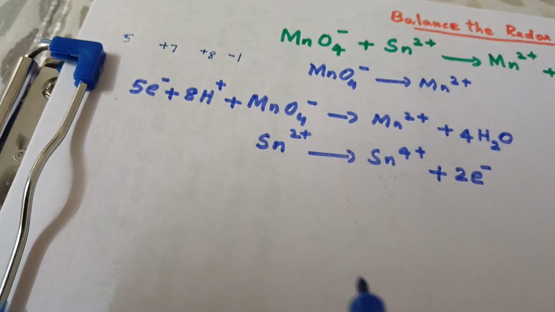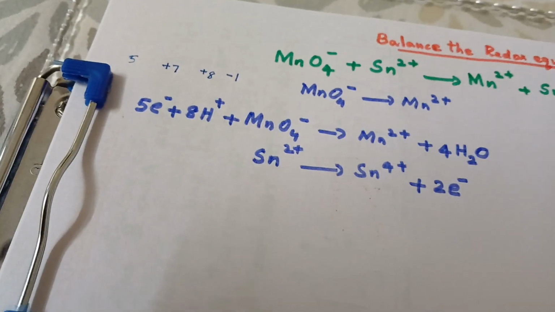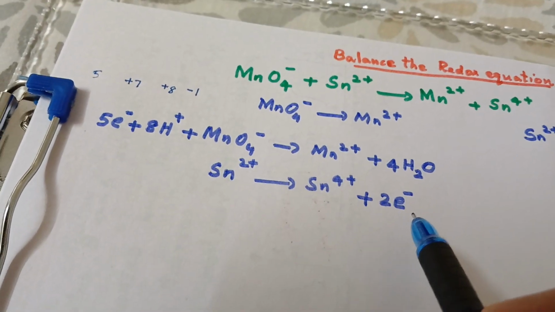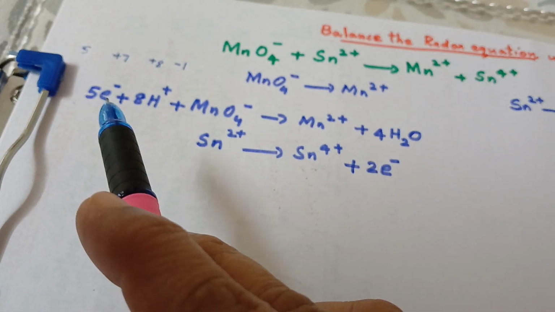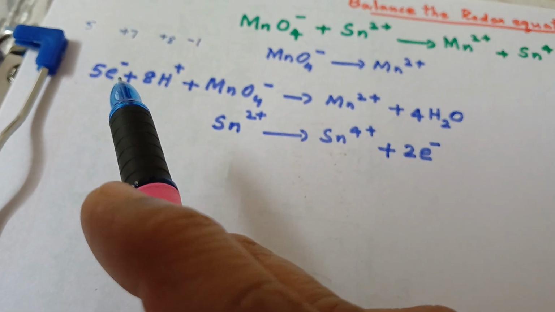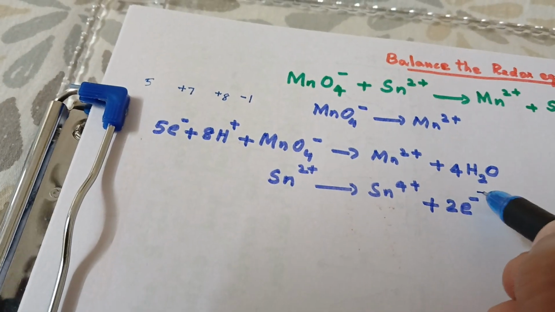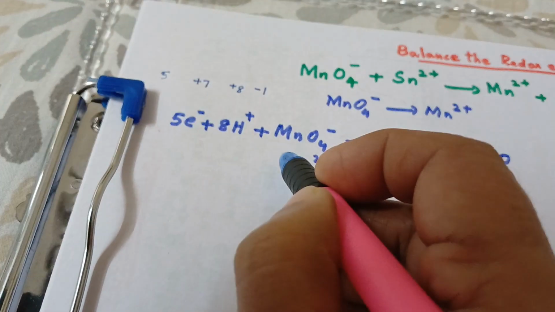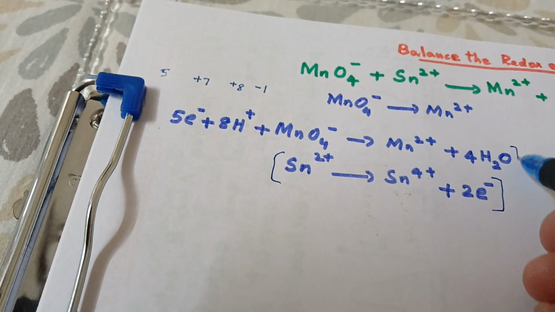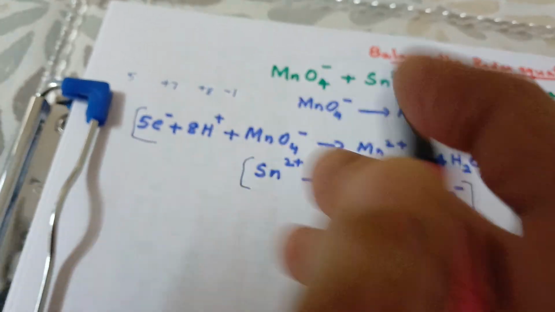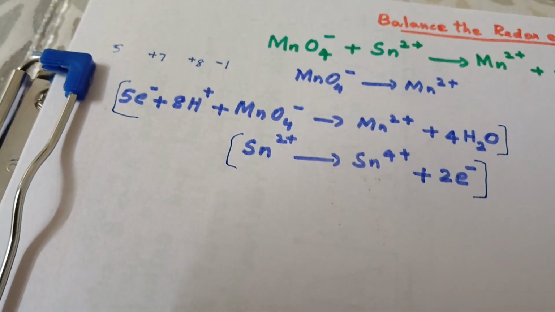Now we have something else to do. When we look at this, we can see there are 2 electrons here and 5 electrons there, one on the left hand side and the other on the right hand side. We have to make the number of electrons the same so that we can remove these electrons, because in the final equation there shouldn't be any electrons.